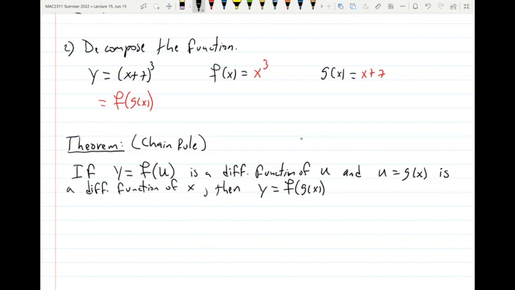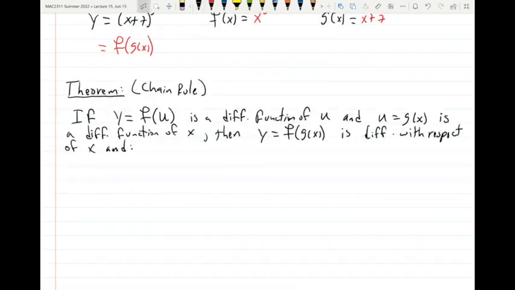Then y equals f of g of x is differentiable with respect to x, and moreover, we have a way of finding the derivative. So I can ask for the derivative of y with respect to x, and the way that we compute this is as follows.